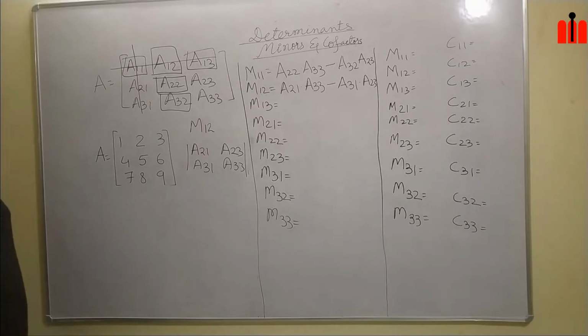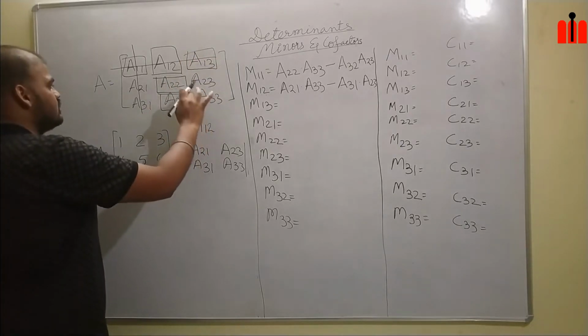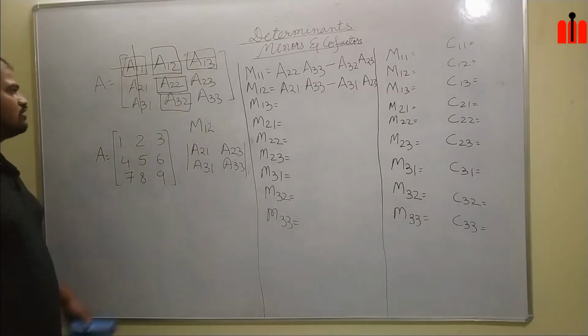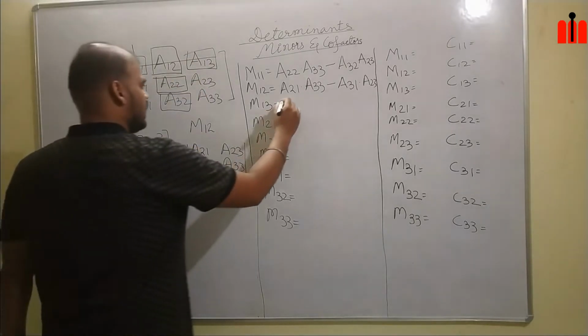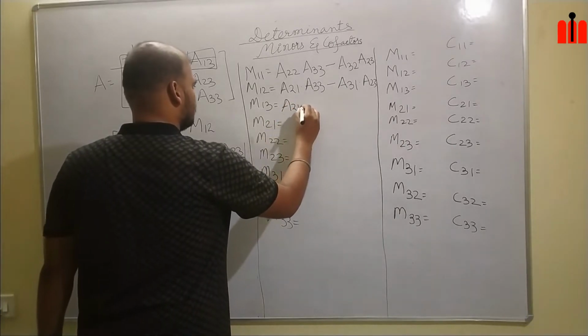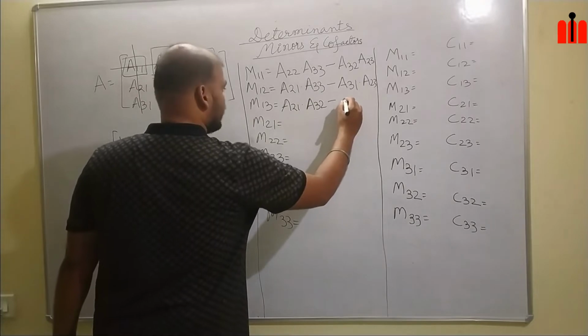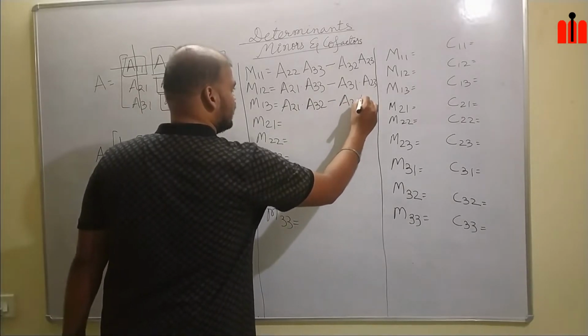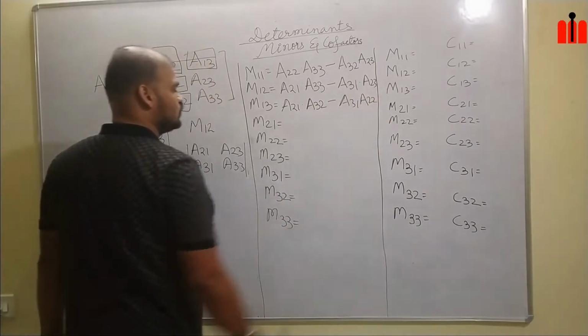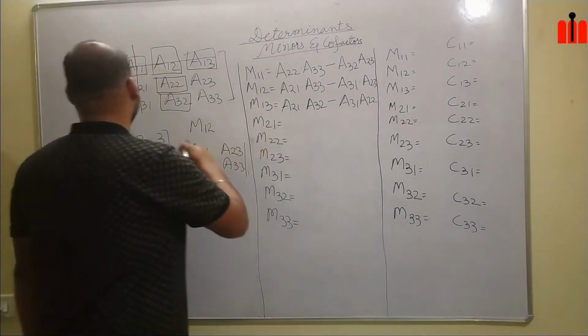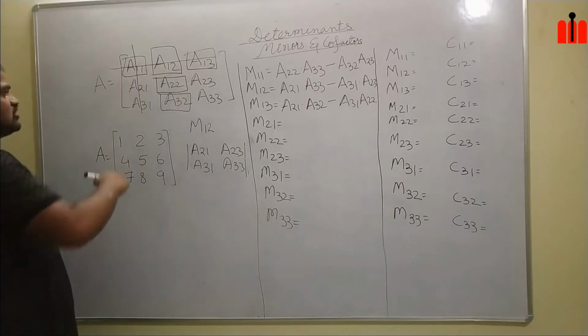Similarly, we will do for M13. M13, first row and third column is taken out. So it will be A21 into A32 minus A31 into A22. Like that, for M21, we have to take second row and first column.